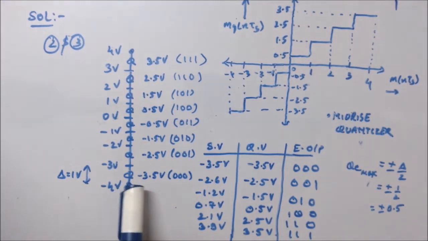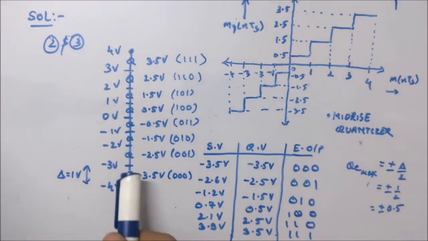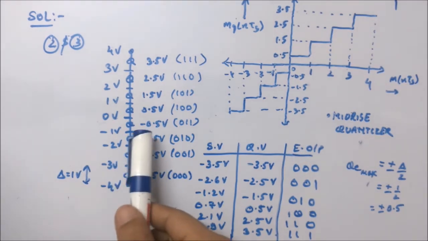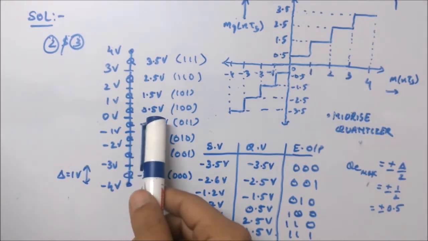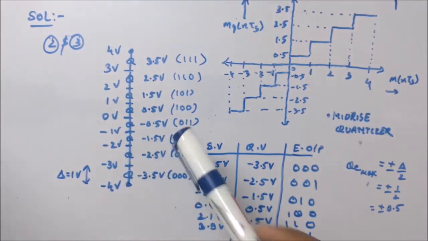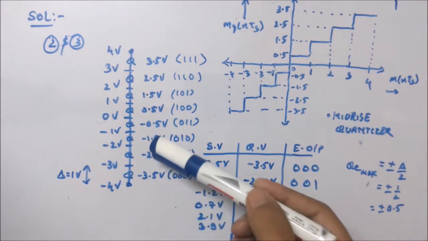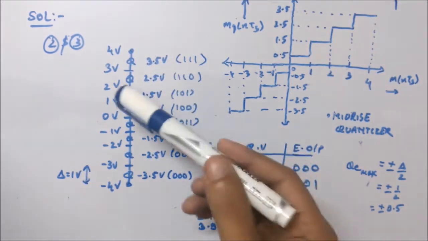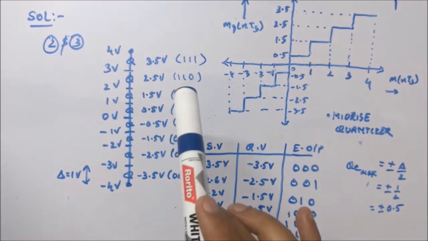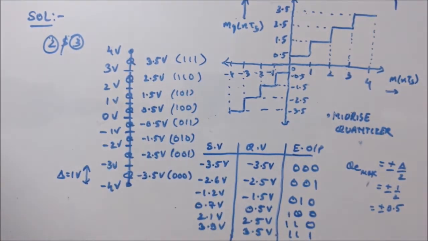So -3.5 volt will be one of the quantized levels, then -2.5 volt, -1.5 volt, -0.5 volt, 0.5 volt, 1.5 volt, 2.5 volt, 3.5 volt. If you count 1, 2, 3, 4, 5, 6, 7, 8, there are 8 quantization levels, and that fits perfectly with our value of L. L was equal to 8.